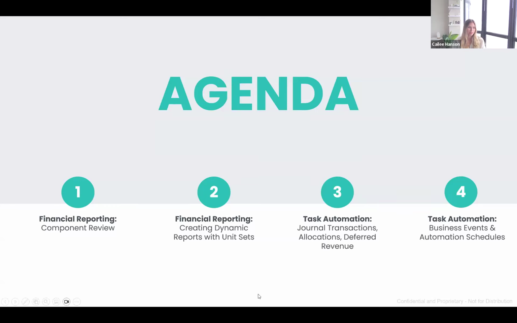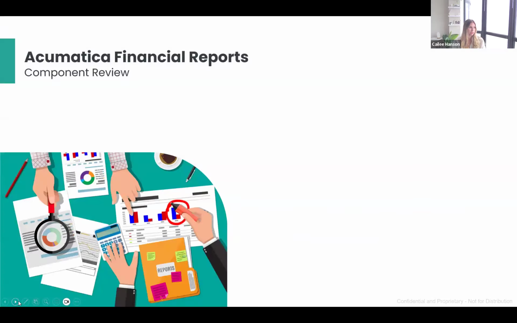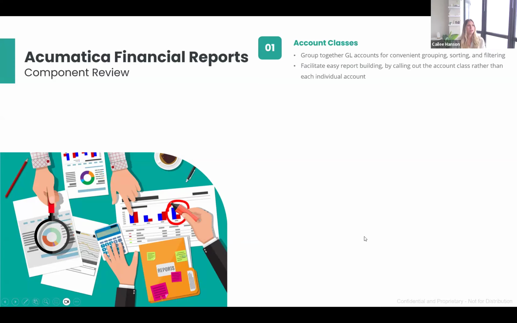All right, with that, I'll go ahead and transition here. Before we get into the software, I just wanted to do a little bit of a component review relating to financial reporting in Acumatica. The first definition we'll walk through is account classes. Account classes group together your GL accounts really for grouping, sorting, and filtering.